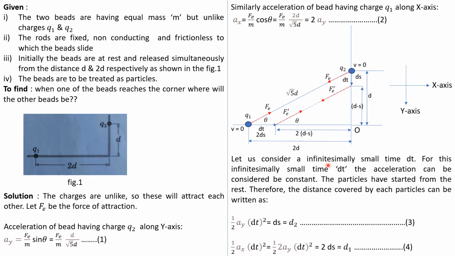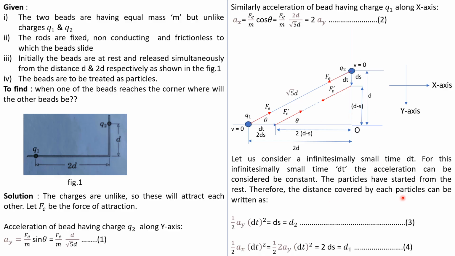Now let us consider an infinitesimally small time dt. This dt is so small that we can say it is tending to 0, almost 0. For this infinitesimally small time dt, the acceleration of both the particles can be considered constant. The particles have started from rest.